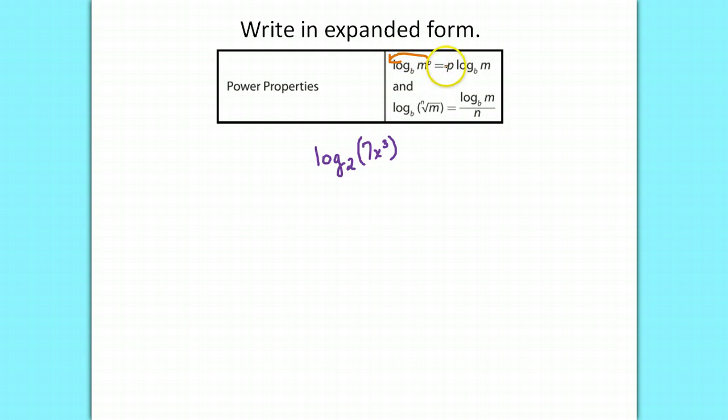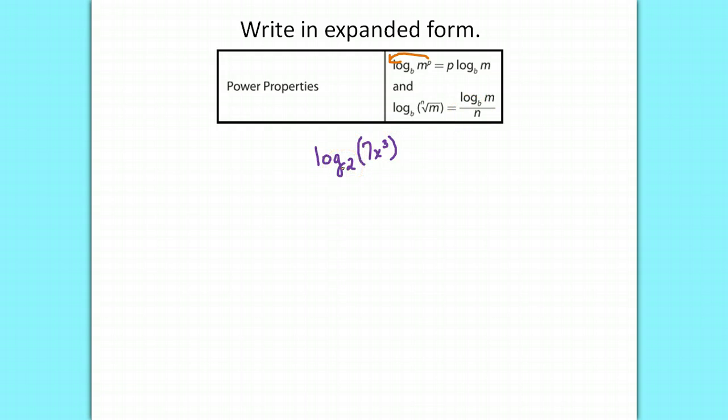So right here they have p times log base b of m. And then if you have a radical inside, you can get rid of the radical by just writing the index in the denominator. So you just get rid of the radical sign and the index, just write that number down here.